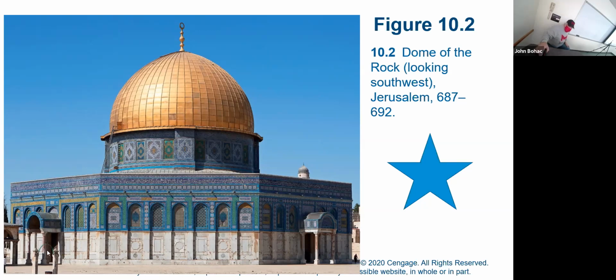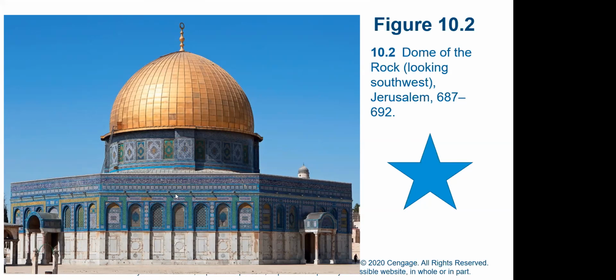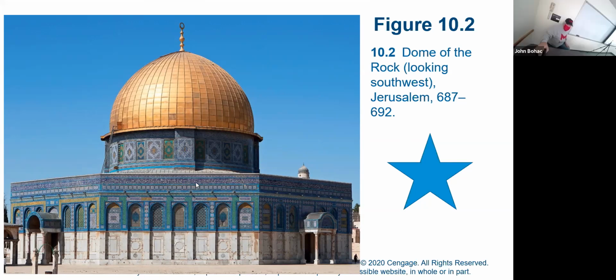And as I was talking about, you can tell power structure here. What's that about? Well, we have Islamic rulers in the 7th century. Islam has spread from the Arabian Peninsula all the way up to Jerusalem, and they built the Dome of the Rock. It's one of the oldest Islamic architecture buildings in the whole world.